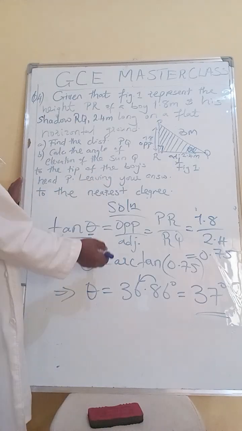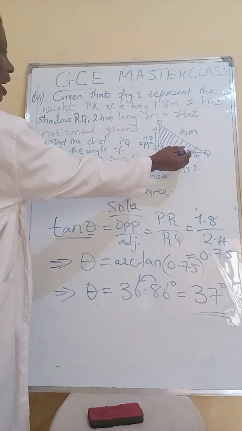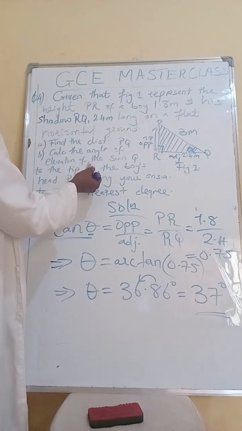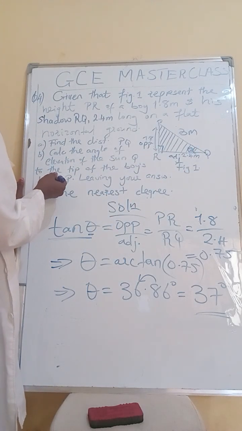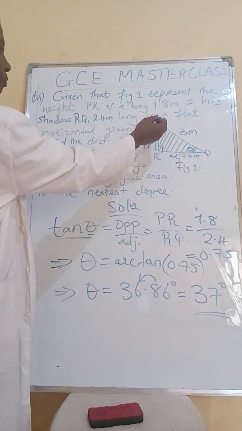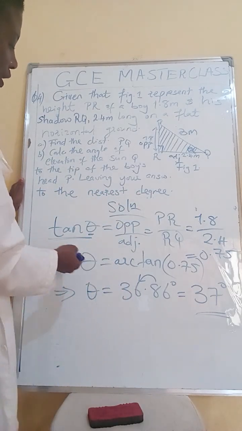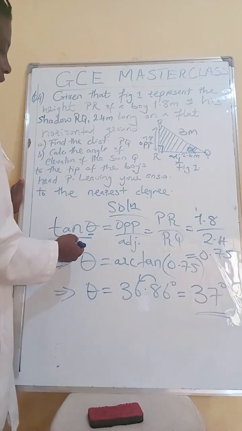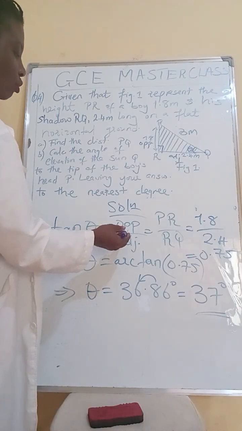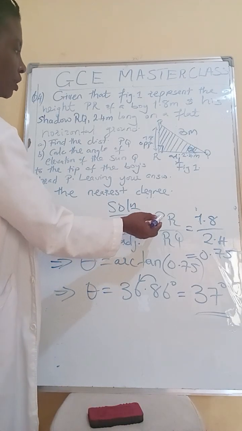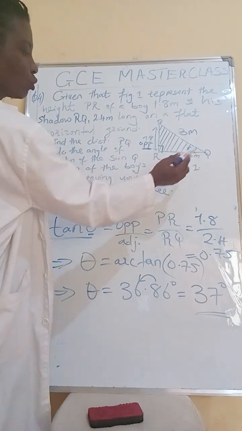I hope you have followed, because part B says calculate the angle theta of elevation of the sun at Q to the tip of the boy's head P, leaving your answer to the nearest degree. To calculate this, you start with tan theta, the angle of elevation, equals opposite on adjacent, which is 1.8 on 2.4.